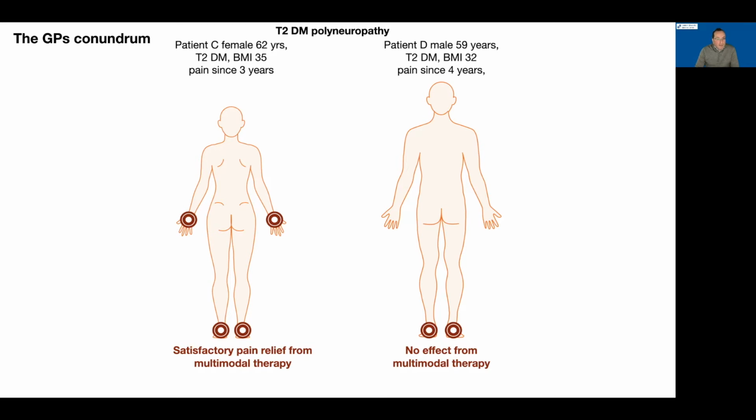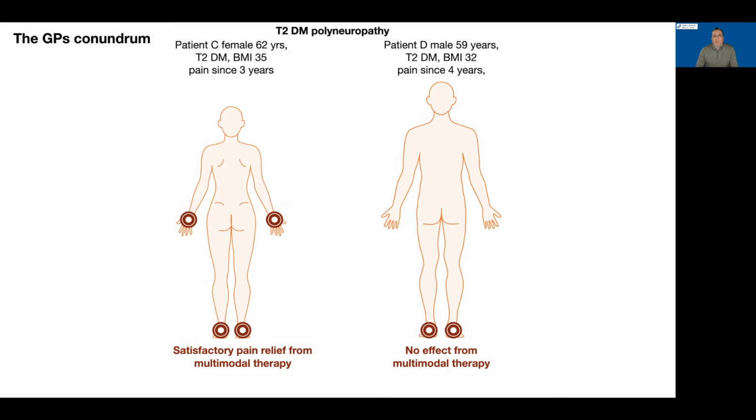This was length-dependent polyneuropathy. It was severe neuropathic pain, and she was treated with anti-neuropathic pain medication, and she had satisfactory pain relief. In contrast, the man on the right initially had a milder presentation of his symptoms, with only symptoms in his feet, but he did not respond to pain therapy. So how is that possible?